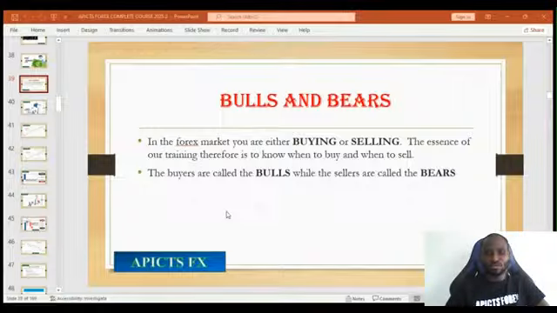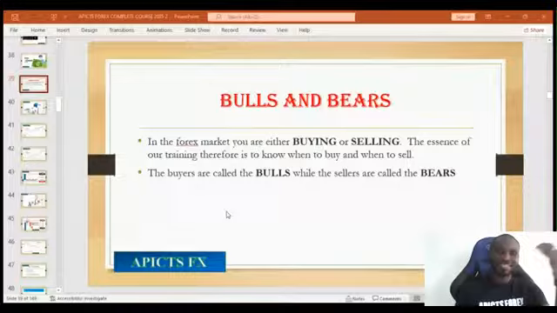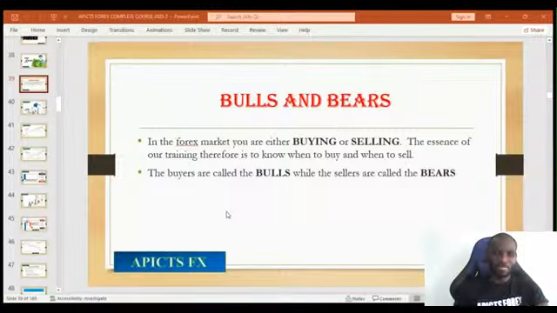And I think I made mention of the fact yesterday also that the buyers are called the bulls, while the sellers are called the bears.